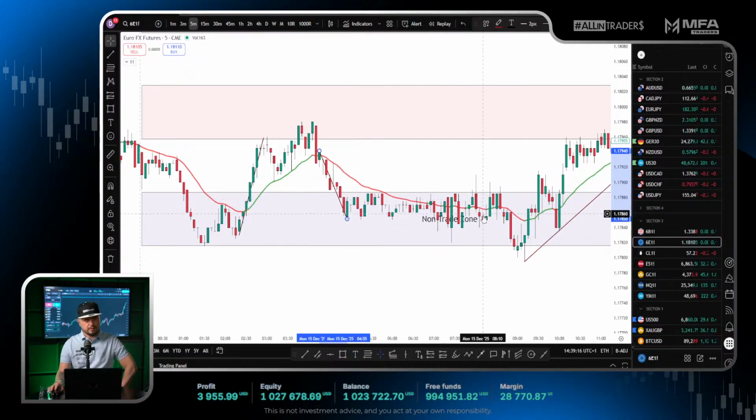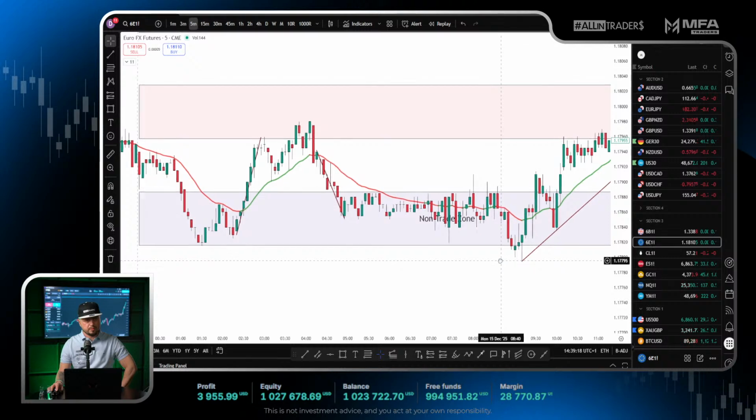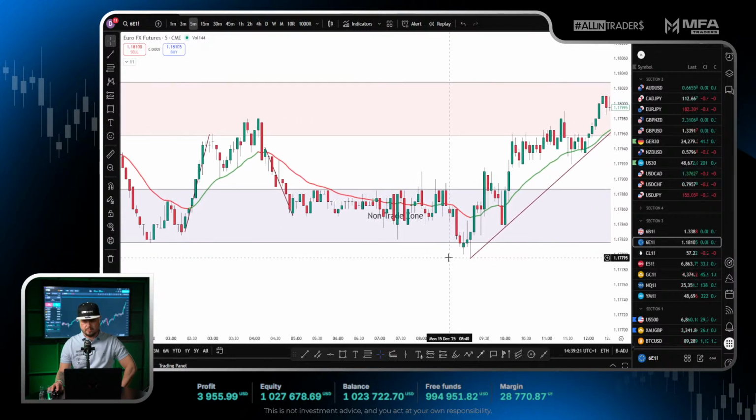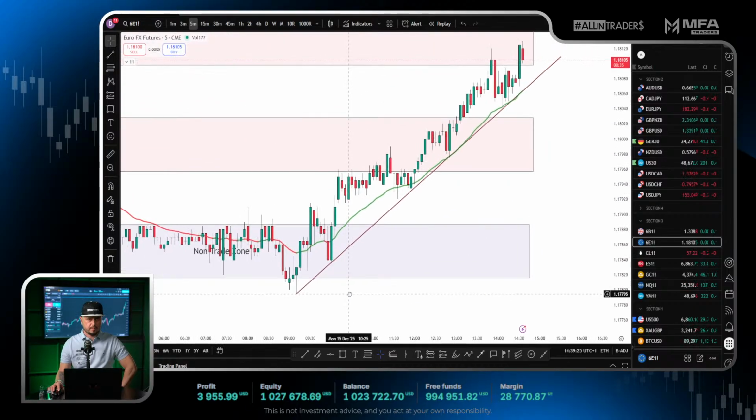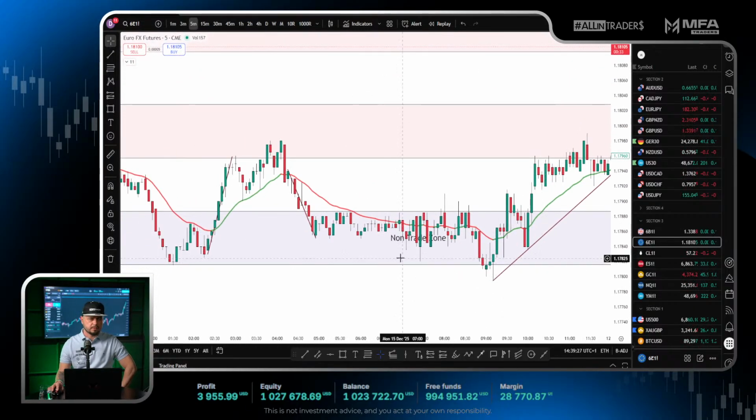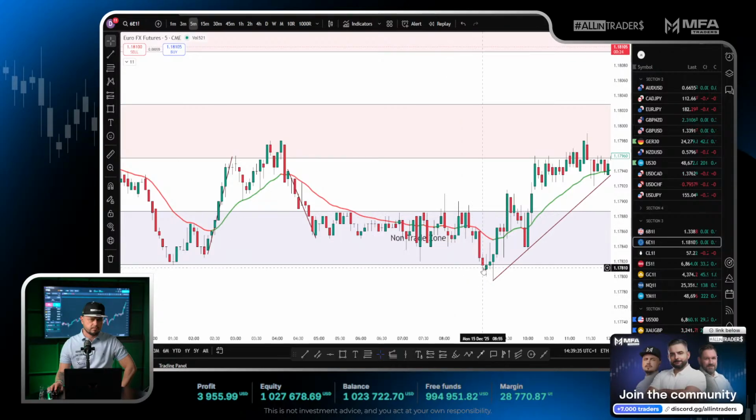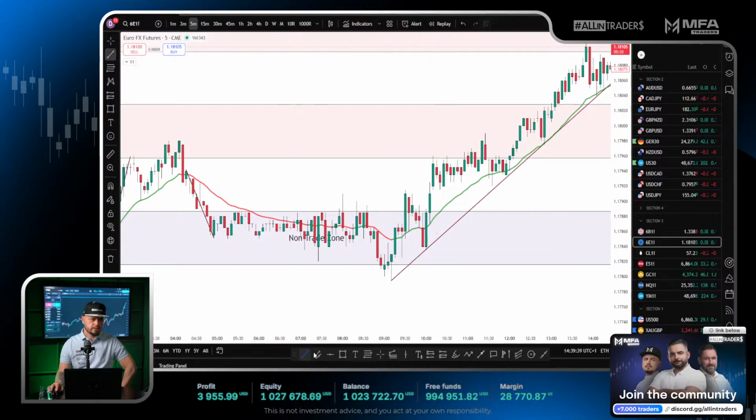It's confirmed, then we can look for bullish micro rotation. Now they're creating a trap setup. Okay, 1 second. Bullish rotation.